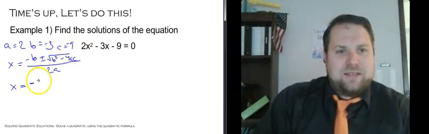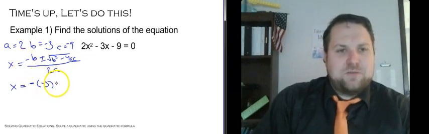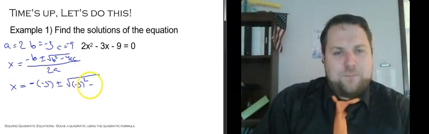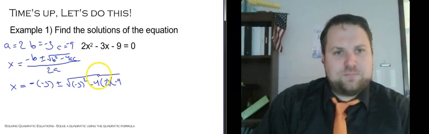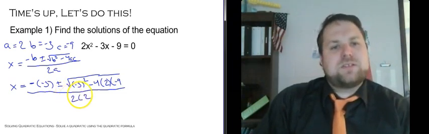And when you do that, for this b, substitute that in parentheses because notice now we have minus a negative, which is going to make that positive, plus or minus the square root of, and again with the parentheses, negative 3 squared minus 4 times a, which is 2, and c, which is negative 9. All of that divided by 2 times a, which would be 2 times 2.